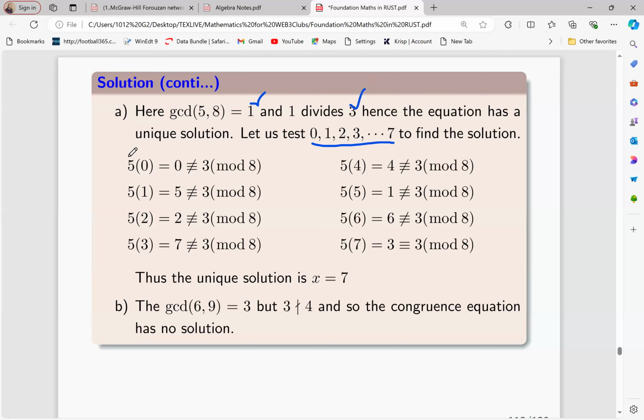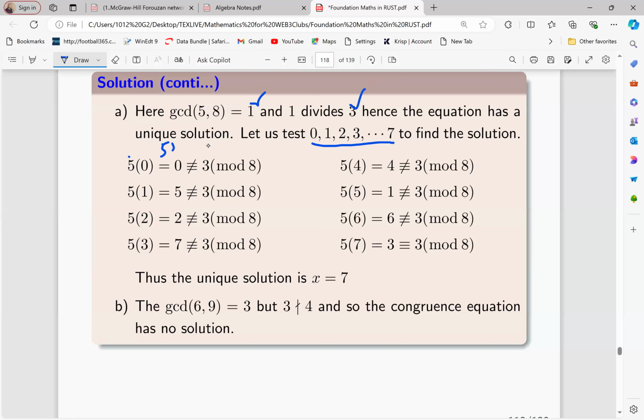One is a solution. So just check 5 times 0. Supposing x is 0, because the question was 5x is congruent to 3 mod 8. When x is 0, we don't get 3. So that means 0 is not a solution. When x is 1, we don't get 3, we get 5. So again, 1 is not a solution.